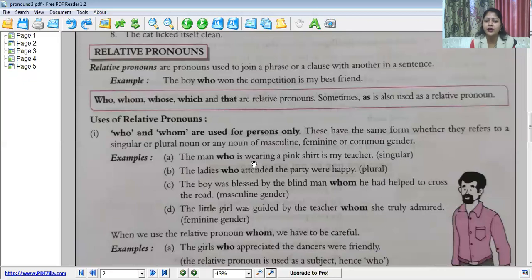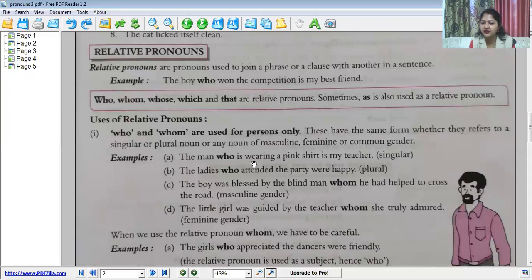Who and whom are used for persons only. Whom are they used for? They are used for persons only. These have the same form whether they refer to a singular or a plural pronoun, or any noun of masculine, feminine, or common gender. So, when is who or whom used? With persons only.